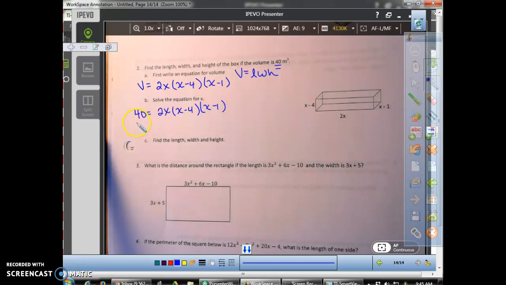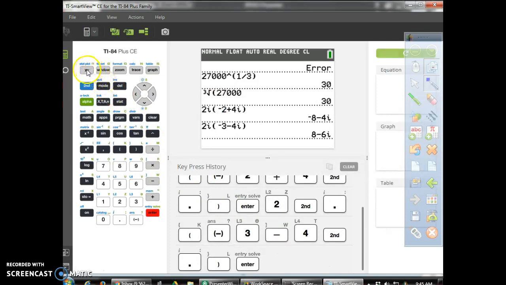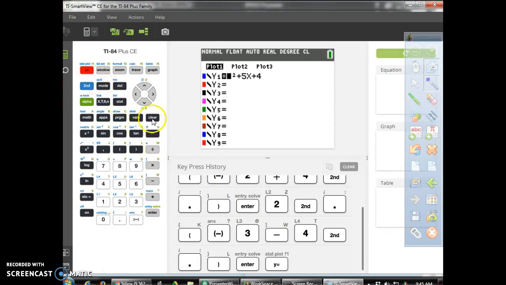Now, to solve this, I'm just going to subtract 40 to the other side. So the left-hand side is just going to be a 0, but I'm going to put it in my calculator as a little function. In the calculator, I'm going to use the graphing feature. I'm going to clear this out.